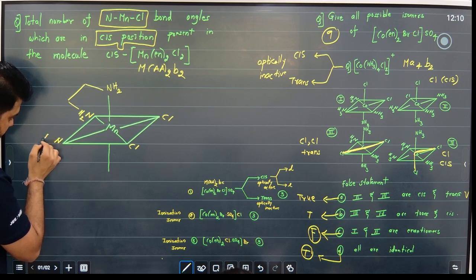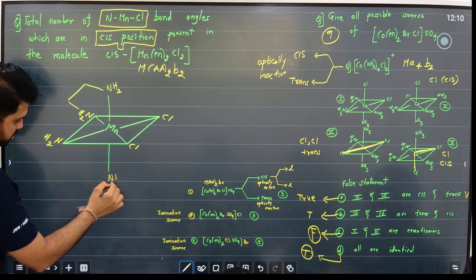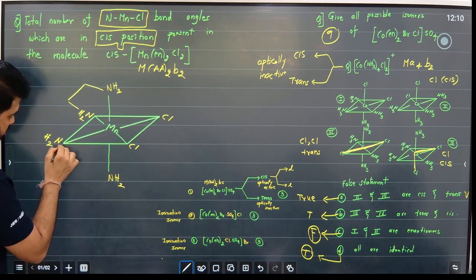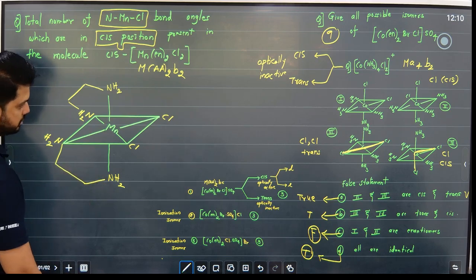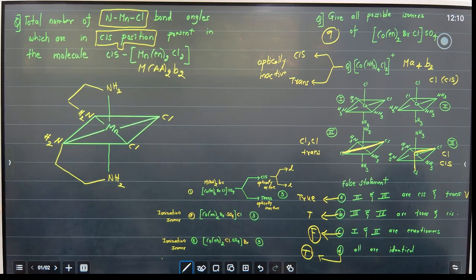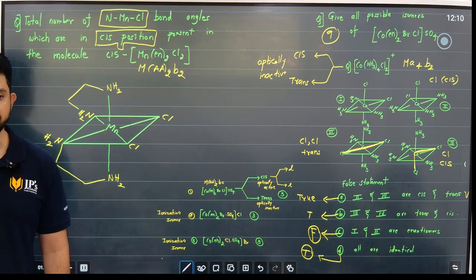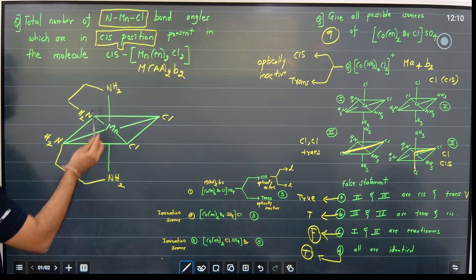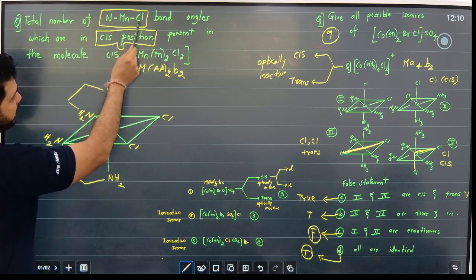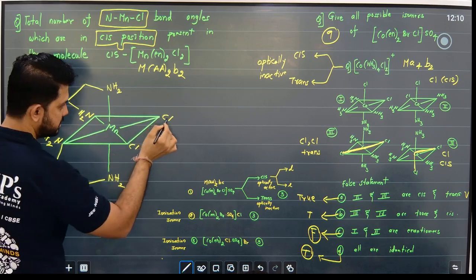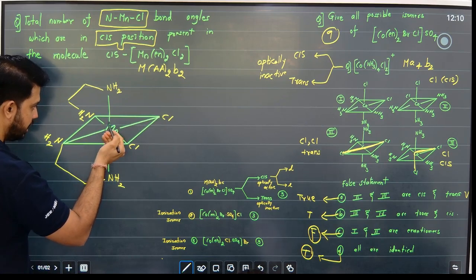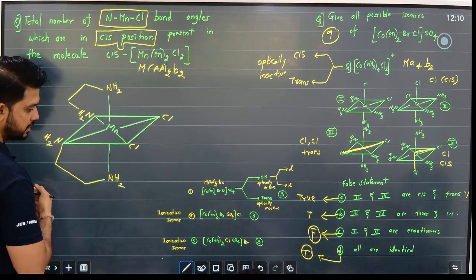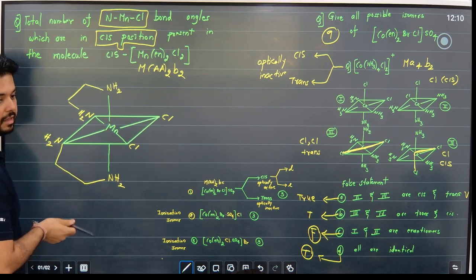Next, NH2, CH2, CH2, NH2. That is the cis form. Now what has the question asked? What degree angle do we have to look for? 90 degrees. And the angle is N, Mn and Cl, look at this. Cl, Mn, N. What angle is that? How many such angles are there?